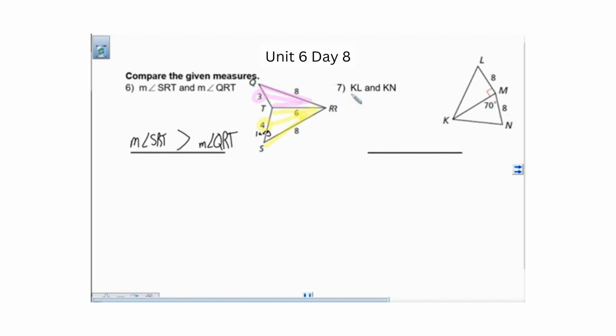Our next one, we're looking to compare KL and KN. KL is across from this symbol. What does that symbol mean? 90 degrees. So KL is across from 90 degrees, and KN is across from 70 degrees. That 90 is larger, so KL is greater than KN.